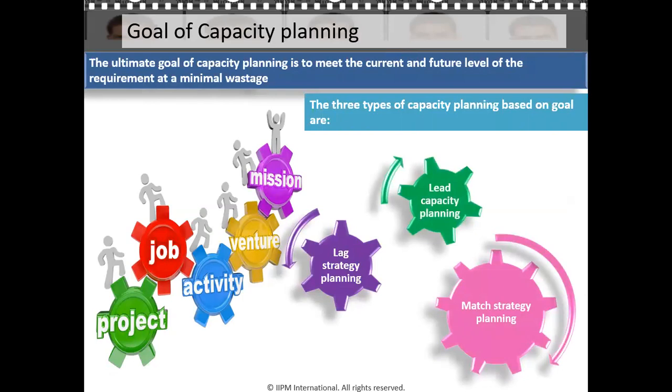The three types of capacity planning based on goals are the lag strategy planning, the lead capacity planning, and the match strategy planning.